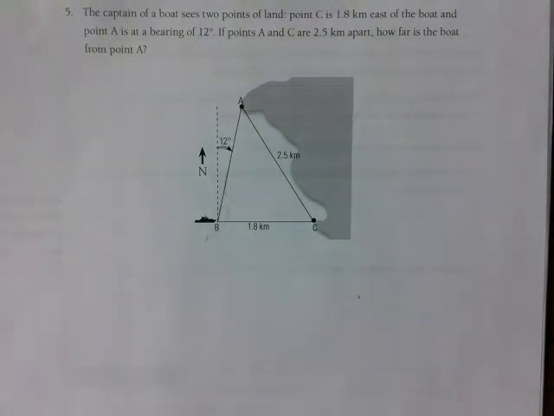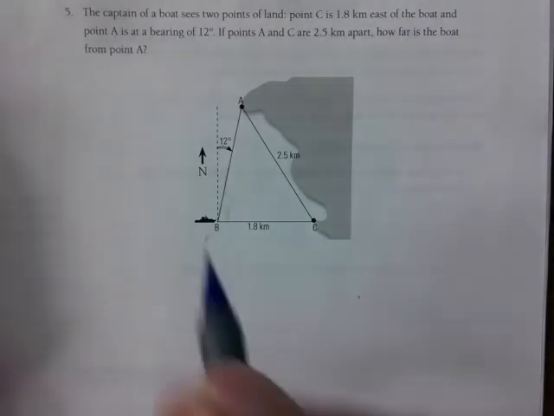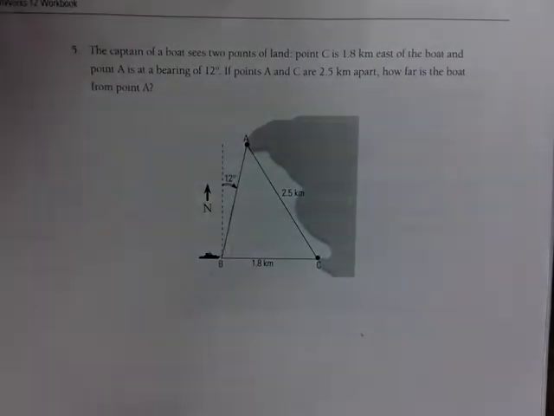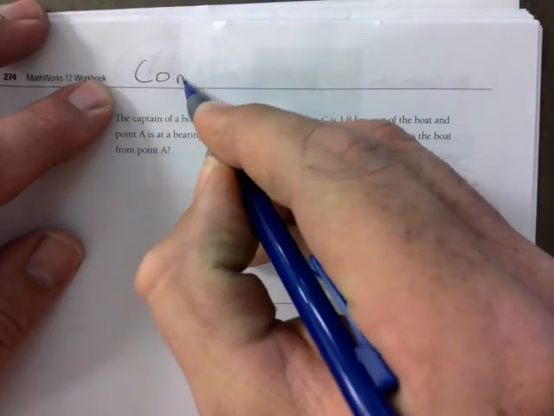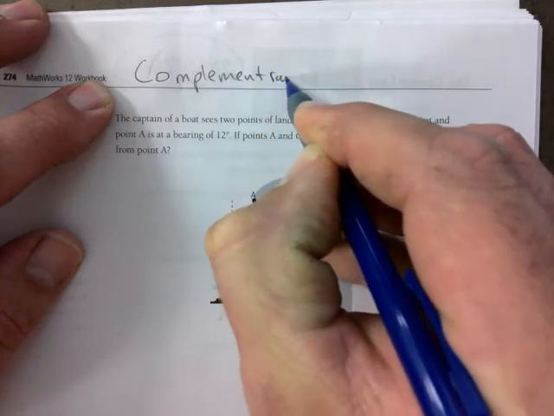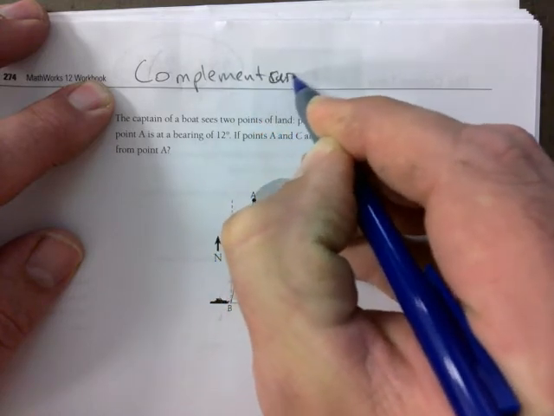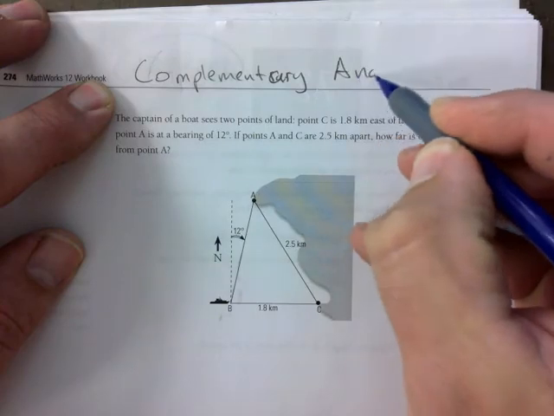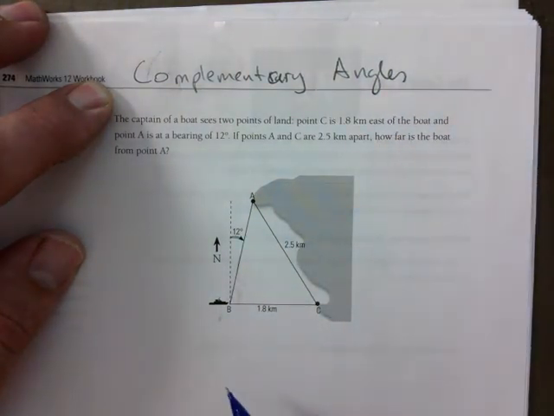As supplementary angles. But this way you have an example of complementary angles. So at the very top of page 274, I would encourage you to write down complementary angles.